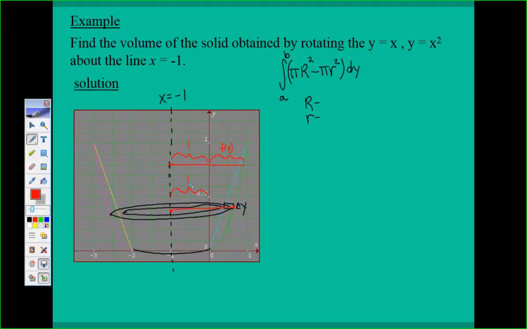Here we'd have 1 plus this distance, which is our function of y. So big R is going to be 1 plus. Now the outer function is this one here.